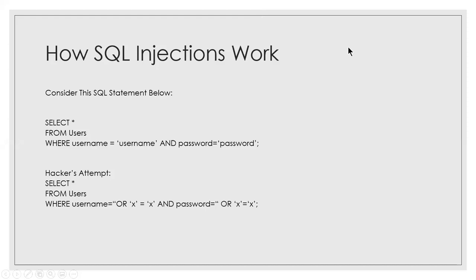But here's a third thing that this can cause that could be even more scary and even more devastating. What if this statement that the hacker used contained a delete or insert or update statement?